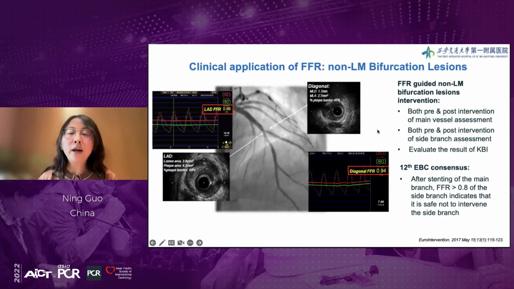How about left main bifurcation lesions? Actually, for FFR-guided left main bifurcation lesion intervention, we can use it both pre and post intervention, for both the main vessel and the side branch. And as the EBC consensus recommended, after stenting of the main branch, FFR more than 0.8 of the side branch indicates that it's safe not to intervene on the side branch.